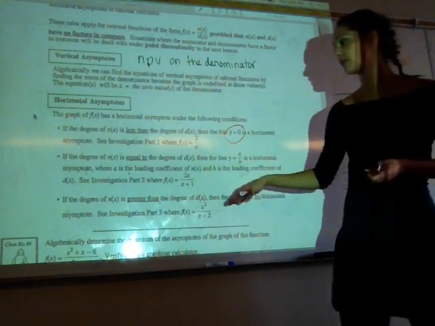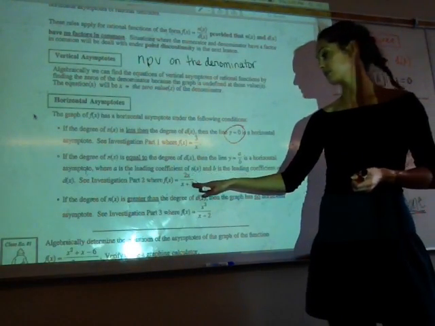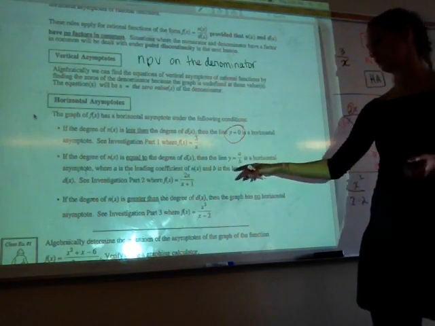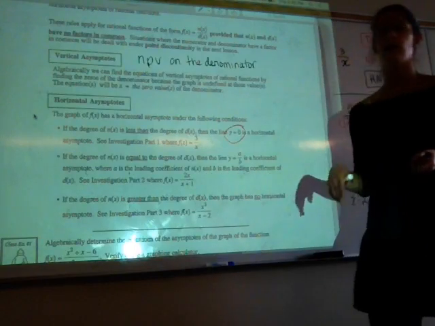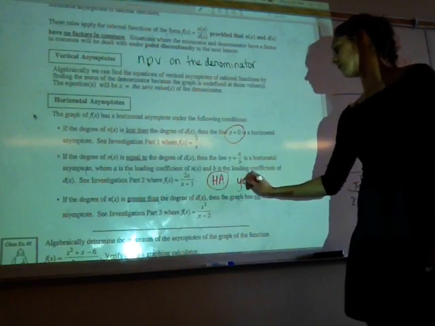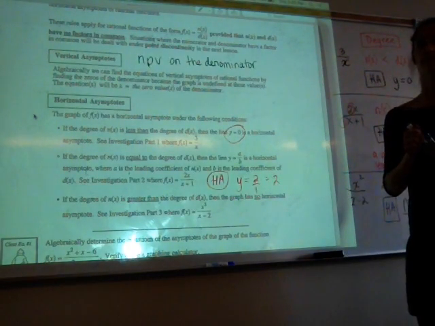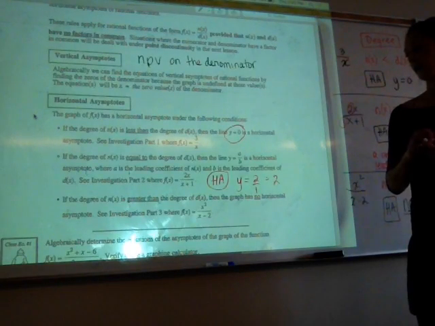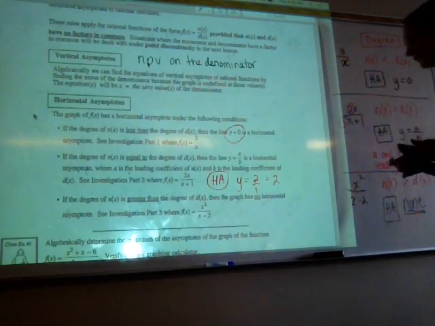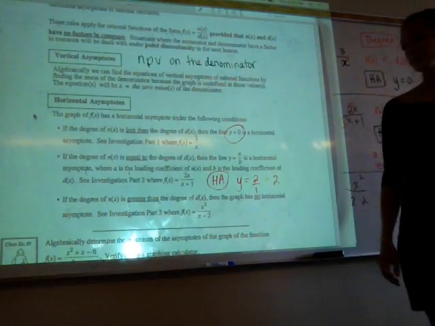Okay, the second rule, if the degree of the numerator is equal to the degree of the denominator, just like this example, 2x over x plus 1, then what we do is we take the ratio of the coefficients, so 2 divided by 1, and that will give us our horizontal asymptote. In this case, it was y equals 2 over 1, or 2. And the last scenario is when the degree of the numerator was greater than the degree of the denominator. For example, x squared over x minus 2, we had no horizontal asymptote.